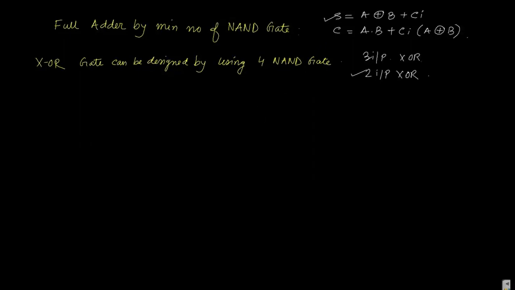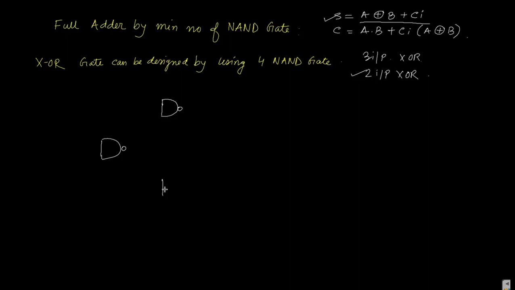Okay, so what should we do? We should first draw the XOR gate using NAND gates. So how can we make the XOR gate? Here for S only the XOR operation is there, so we are taking 4 NAND gates. One here, and a second NAND gate.